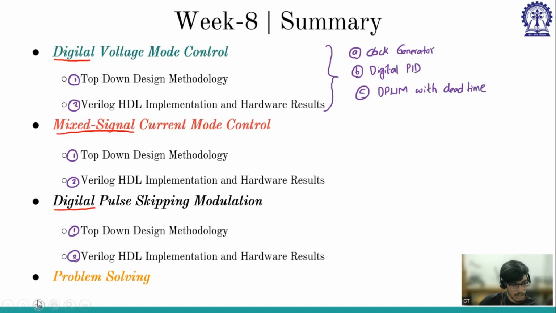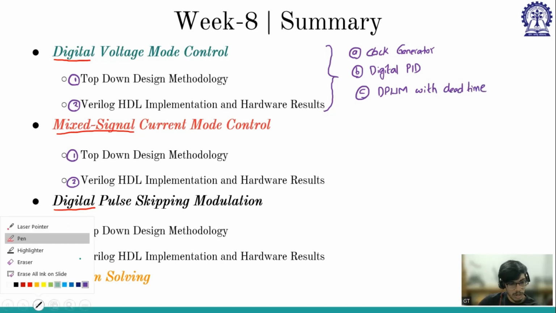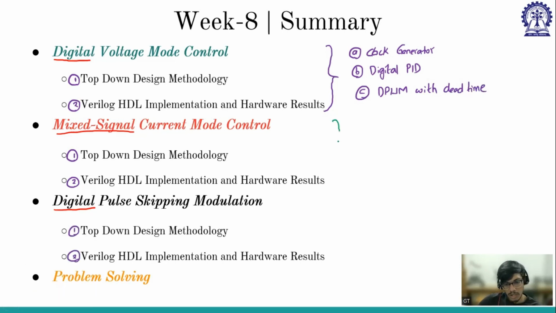In mixed signal current mode control also, we have the main block, and then the clock generator, and then we have digital PI because it is current mode control. We had not discussed this because it is the same as this one. This we have discussed, and that's why we did not discuss it last week, but it is still the same thing.